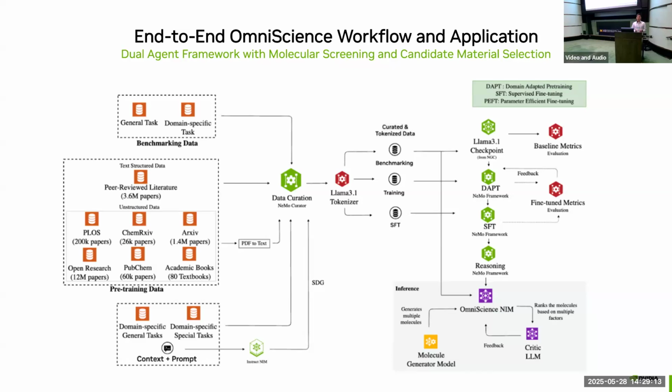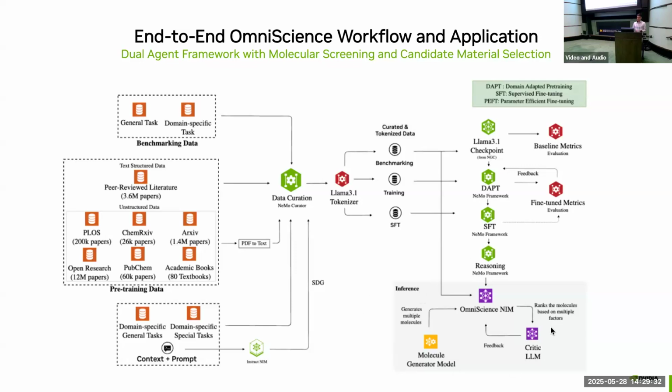After we have our collection of domain-specific data, we can tokenize it to create a domain-specific tokenizer, and then use this for all of our downstream fine-tuning stages. So we do this domain-adapted pre-training, supervised fine-tuning, and then finally this reasoning distillation step.